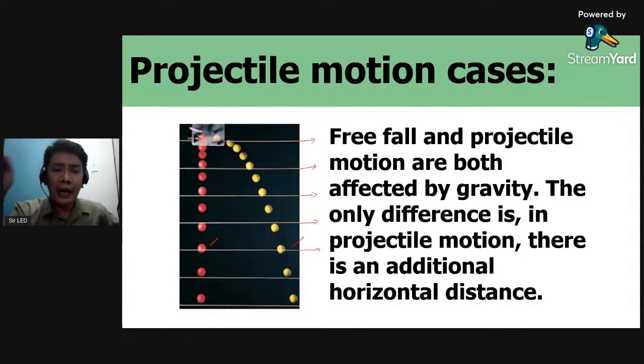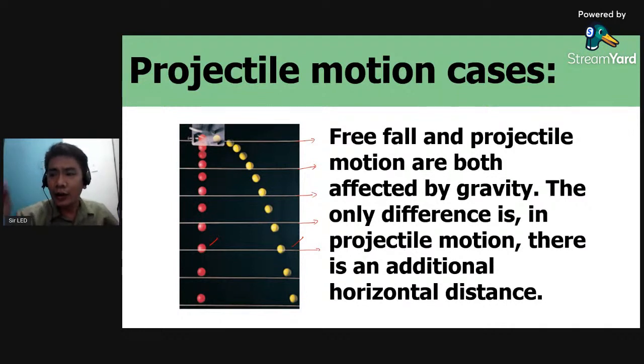Remove that horizontal component, or remove that horizontal velocity, then the object is just like freely falling. So we can actually see here, class, that the horizontal component is independent of the vertical component.